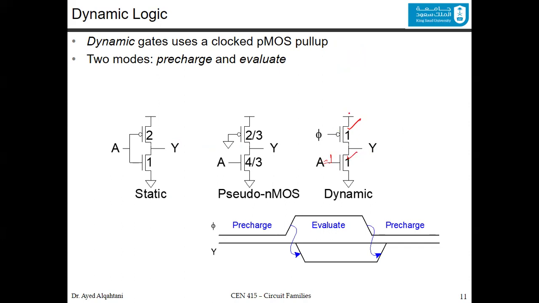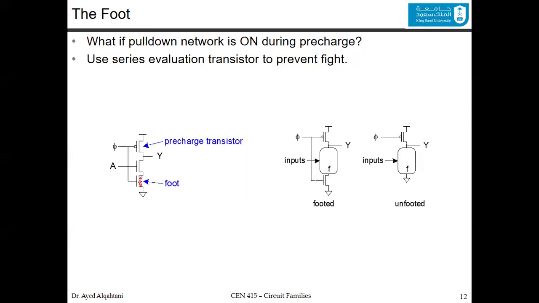And in that case, you are connecting the VDD to the ground for a brief moment of time when you are in the evaluate period. So to make sure that this doesn't happen, we can add the foot, where it is also connected to the clock. So when this is on, this is off, and vice versa. When this is off, this is on. This way, the VDD doesn't connect to the ground.